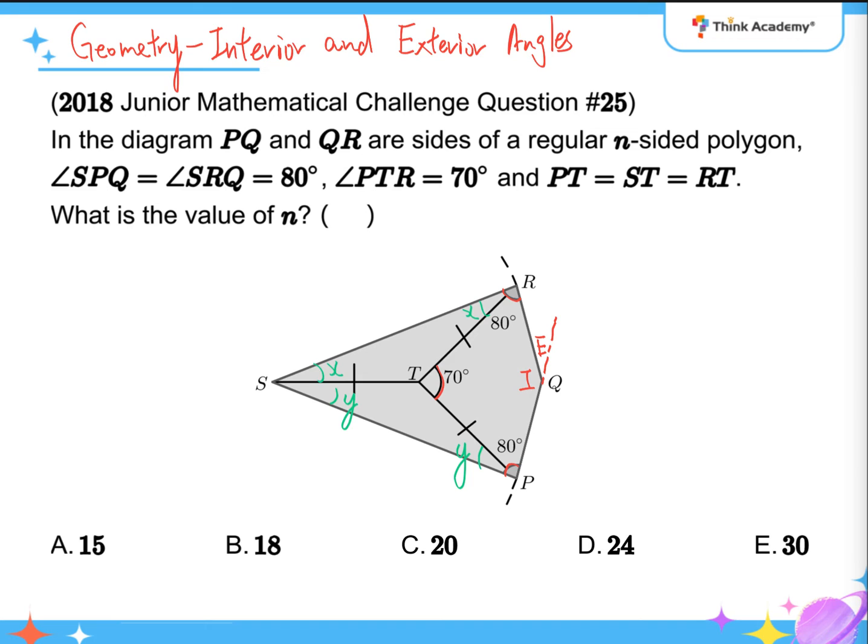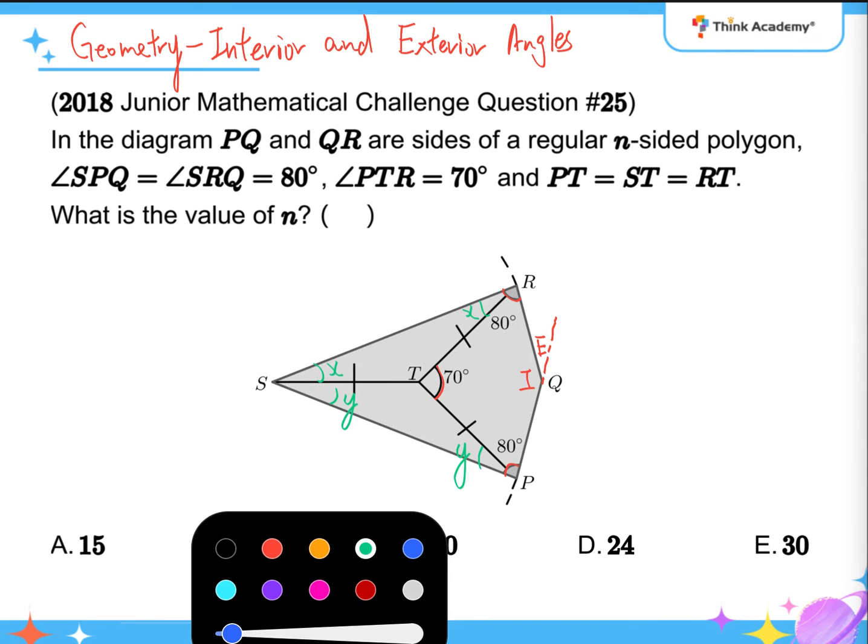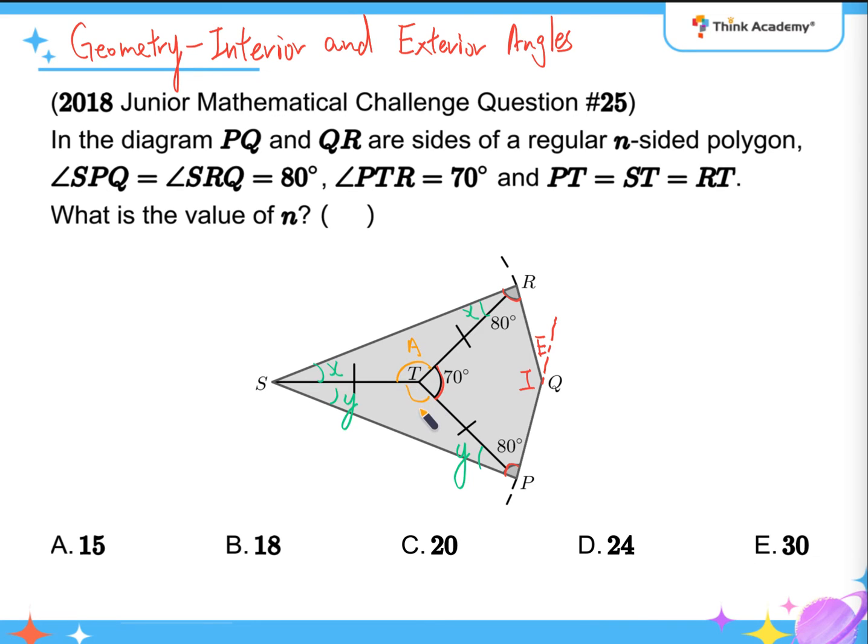Yep. So now, let's name these two angles A and B. There are a lot of these unknown angles, but actually, all I want to know is x and y, right? So I need to think about how we can find x and y.